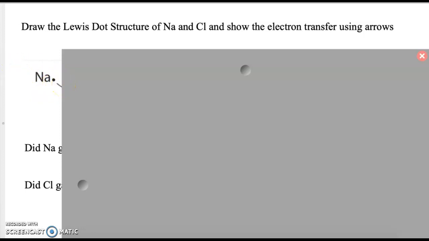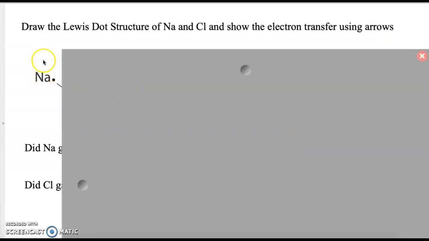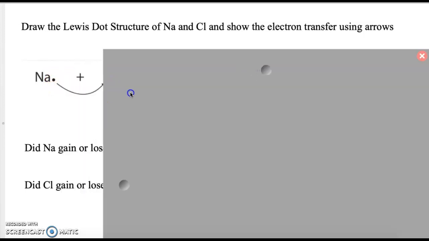And then chlorine, if you look, chlorine is over here. Chlorine is a halogen. And so halogen is in group 7. So that means it has 7 valence electrons on its outer shell. So you would draw 7 dots. Now you would draw 1 dot on top, left, bottom, and right, and then you would continue until there's 7 dots.